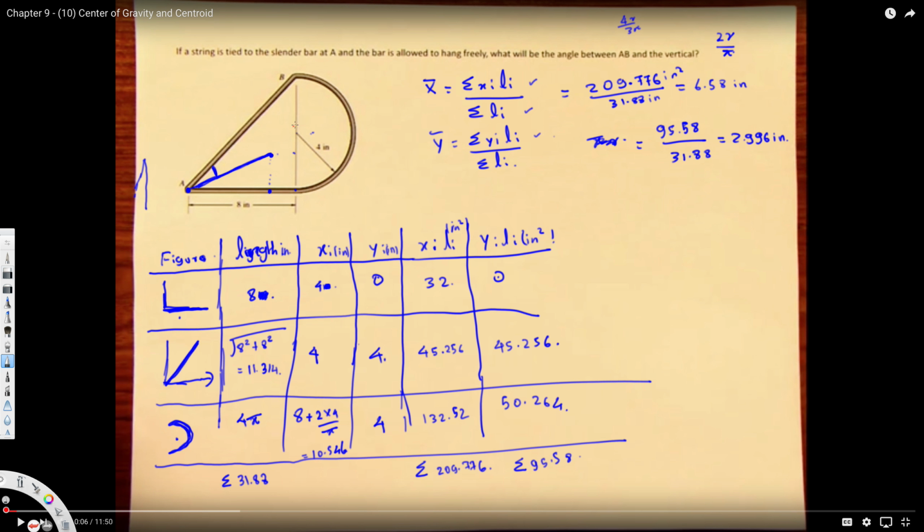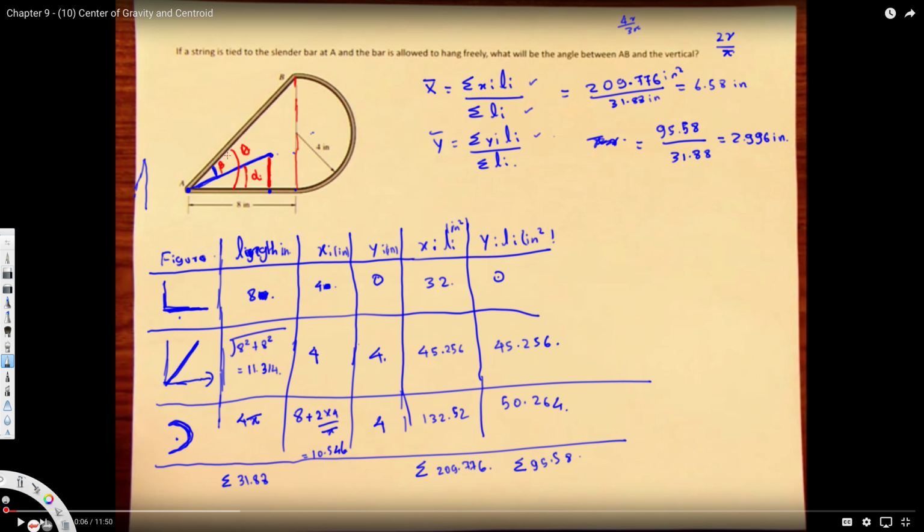First of all, we know this is a right angle triangle. We have two right angle triangles: this is a right angle triangle right here, and also we have a big right angle triangle right here. Let's call this one theta, this one alpha, and let's call the one we have to find beta.